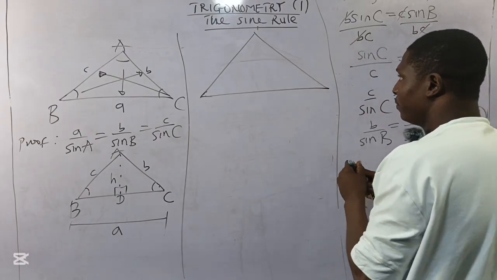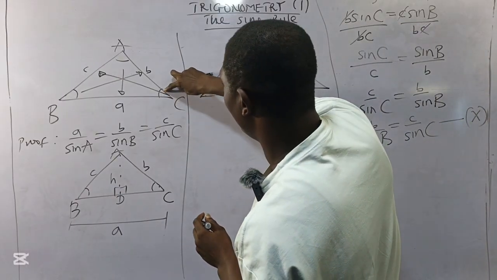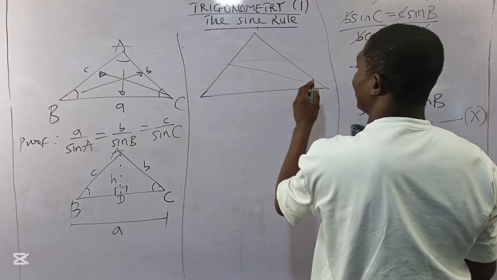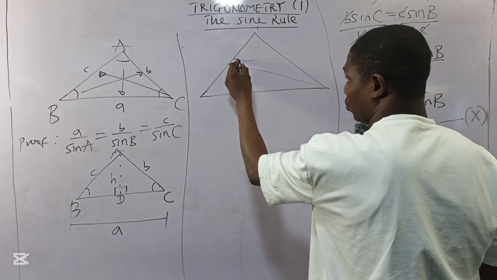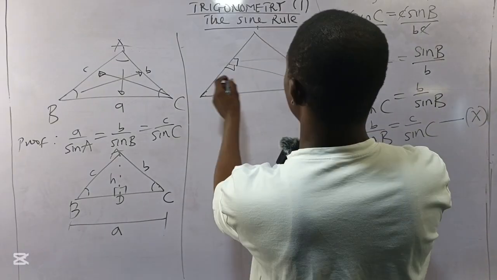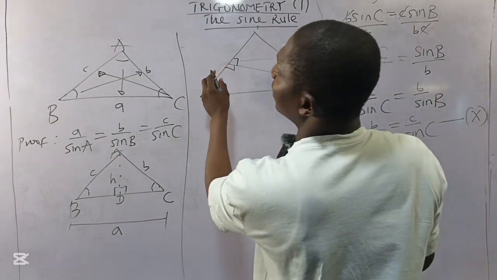If I bisect this angle, the two angles will be equal and the line formed will be a perpendicular line. So this will be 90 degrees, this will be 90 degrees. And here remains my capital C.